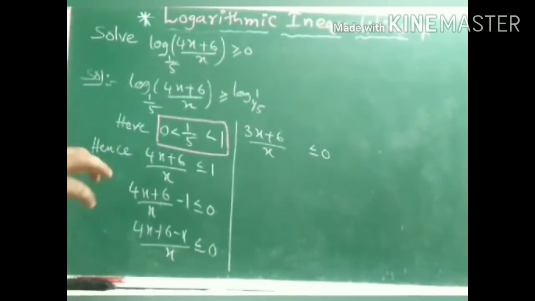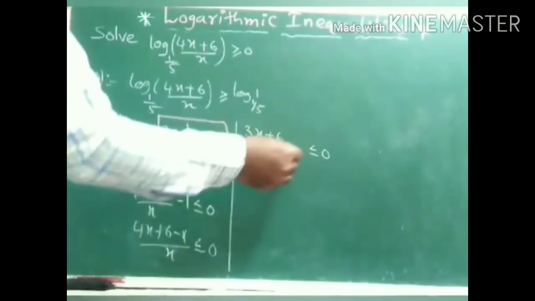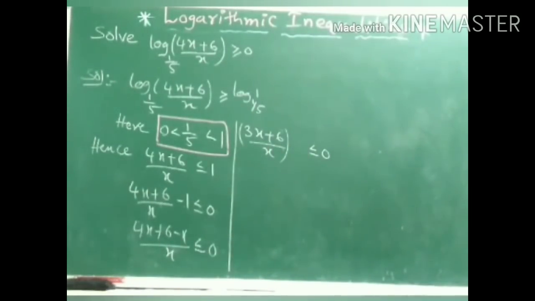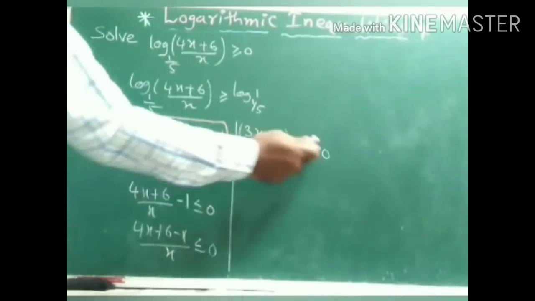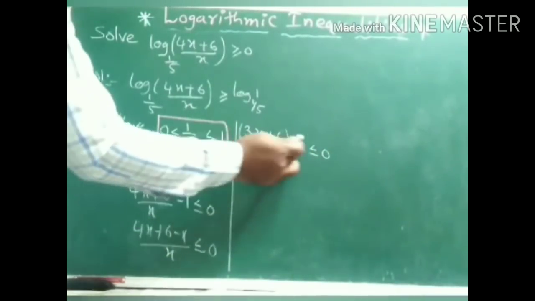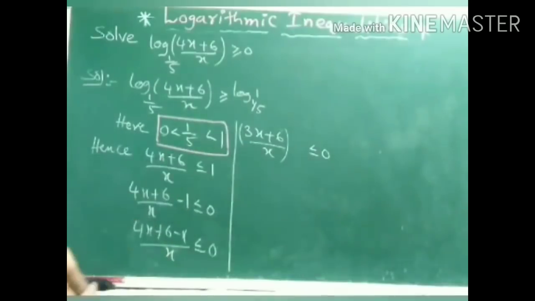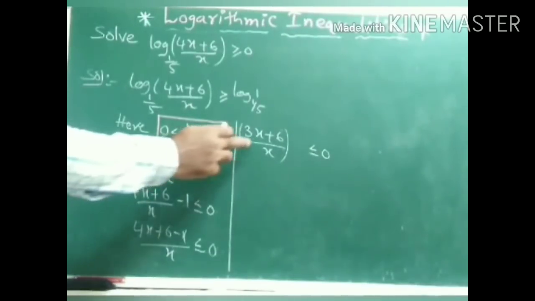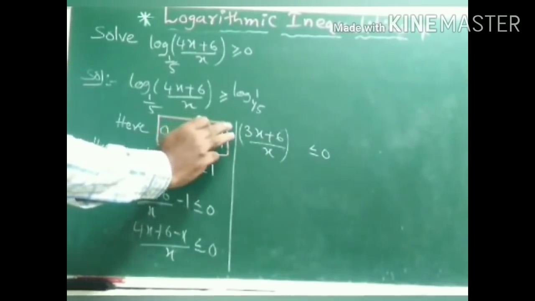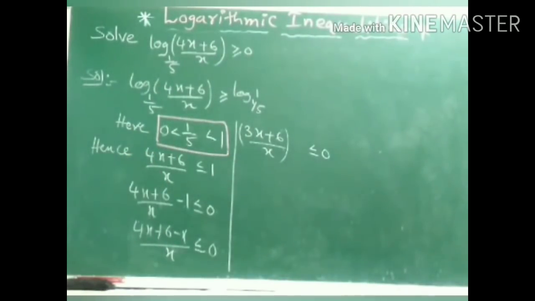So once again we cannot go for cross multiplication, because right now we have no idea about x, whether it is positive or negative. If it is positive, no problem, the inequality holds the same. But if x is negative, then the inequality gets reversed. So we never go directly with cross multiplication.